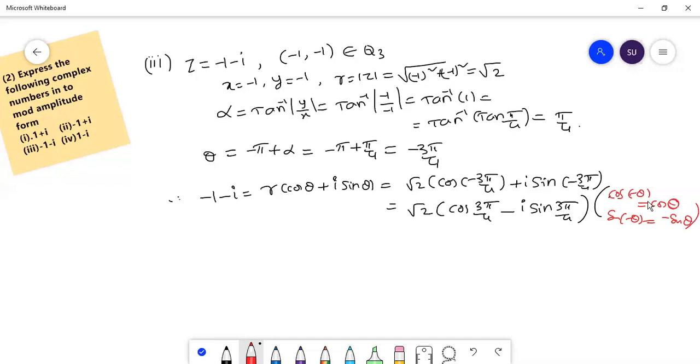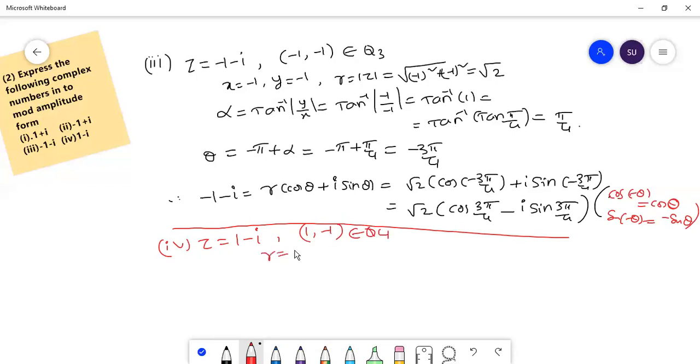Right. In the same way, now we will see the fourth one. Fourth one is z is equal to 1 minus i, the point 1 comma minus 1, which belongs to Q4. r will be the same anyway, root 2, and alpha is also the same, tan inverse 1, so you will get pi by 4 only.